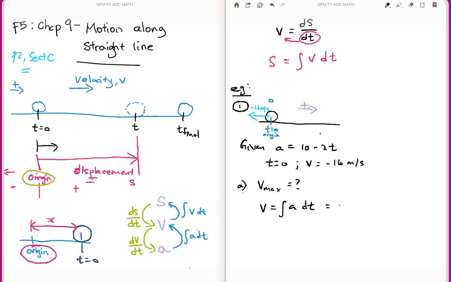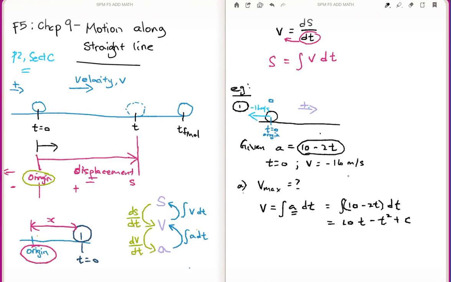So if I integrate the given equation, it is the integral of 10 minus 2t dt. You need to know how to integrate. Here you don't have limits, so you can't do it directly.